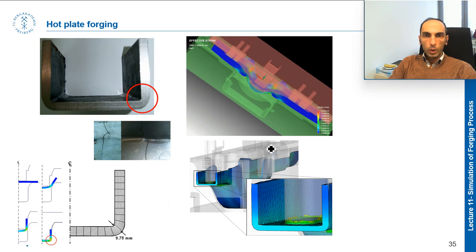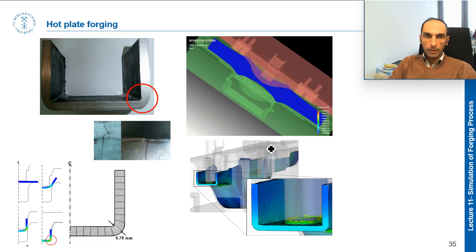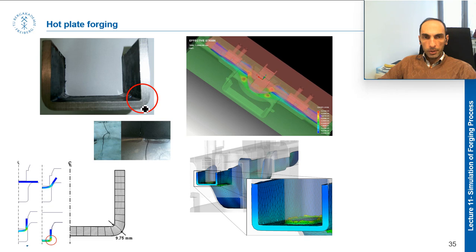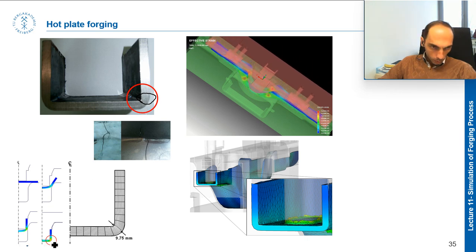This is an example of hot plate forging. In the experiment, you can see a kind of necking at the corner here, and in the simulation result you can also see that it is predicted.